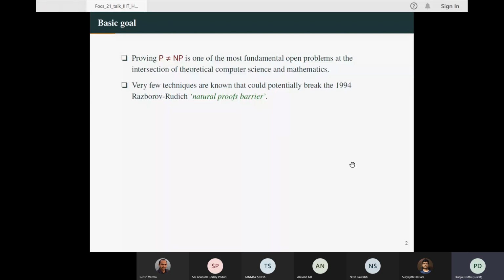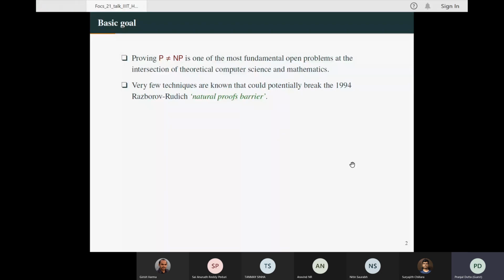At that point, people really lacked a potential way to separate P from NP, because most of the methods known till that time were natural in some sense. So they could never potentially prove P not equal to NP.